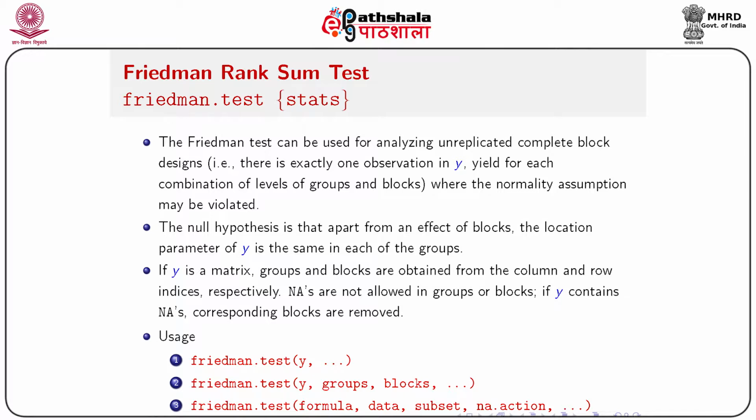The function is called friedman.test from the stats package, and there are three ways you can use it: pass only Y; Y stratified by groups and blocks; or friedman.test in a formula format. The formula format is more convenient compared to the others.